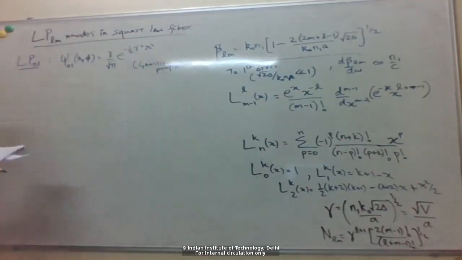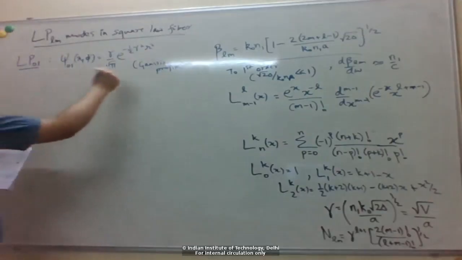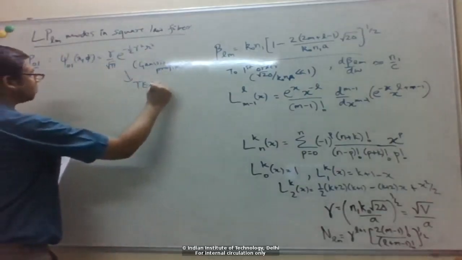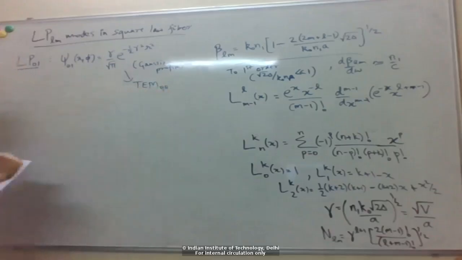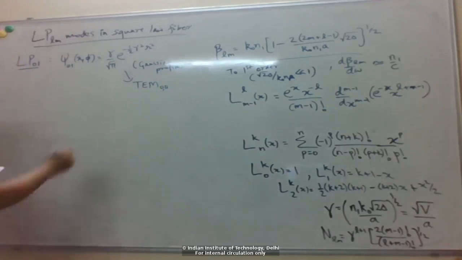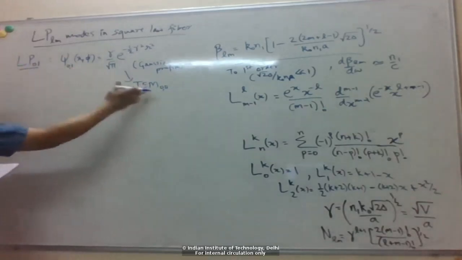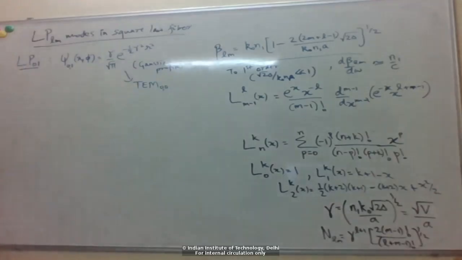Recall that this is exactly the same we got for the lowest order TEM mode, TEM00. So the lowest order LP mode is the same as the lowest order TEM mode.